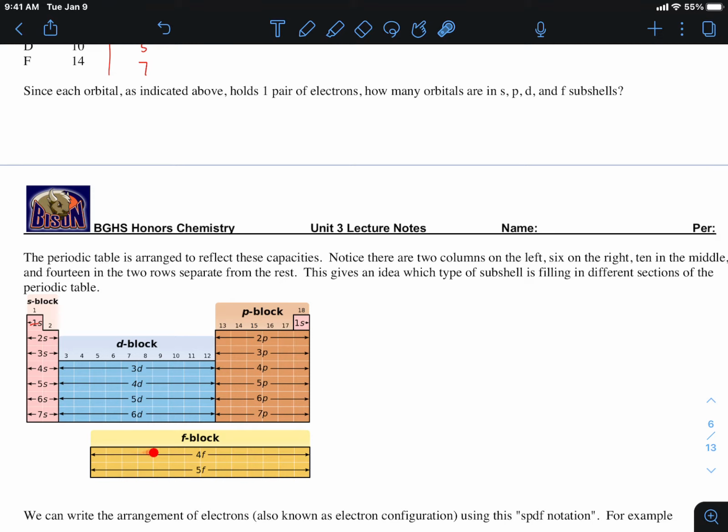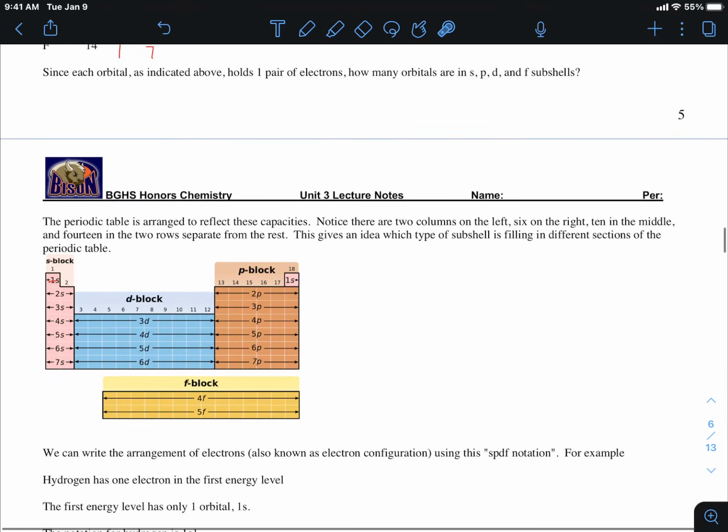They've been kind of pulled out of the periodic table. Normally the F block goes in right here. This gets inserted there, but for the sake of fitting this on a piece of paper, they take it out. That's the F block. There's 14 columns. So hopefully you're noticing that the number of columns in each of these blocks represents the electron capacity of that sublevel.